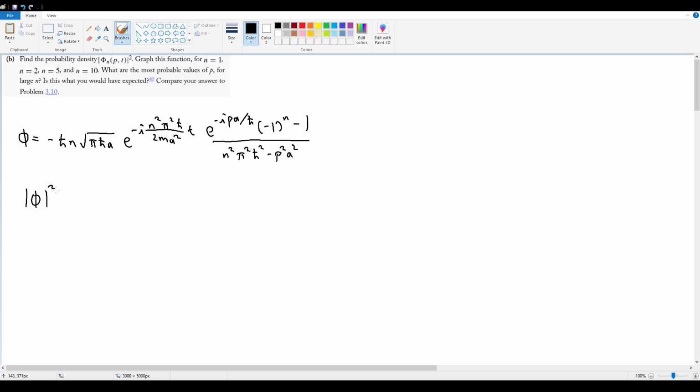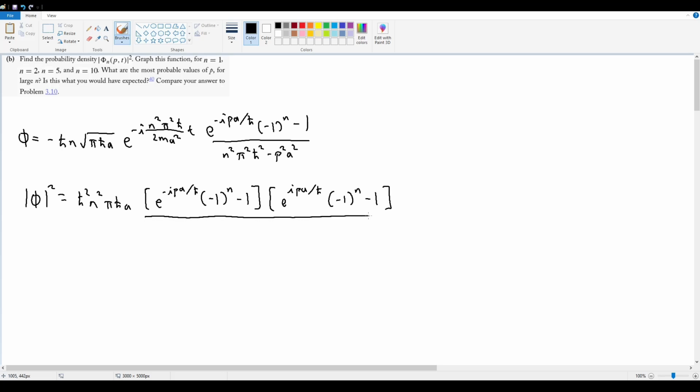Magnitude of phi squared is going to equal, the minus cancels, h bar squared n squared times pi h bar a. This complex exponential goes away when you take the magnitude squared, leaving you with, at the top, let's do this in big brackets, e to the negative ipa over h bar times negative 1 to the power of n minus 1, multiplied by e to the positive ipa over h bar negative 1 to the power of n minus 1.